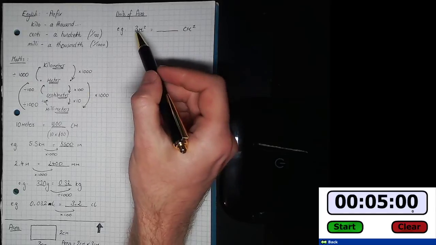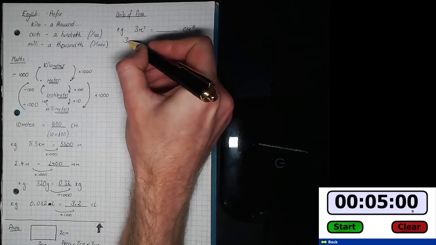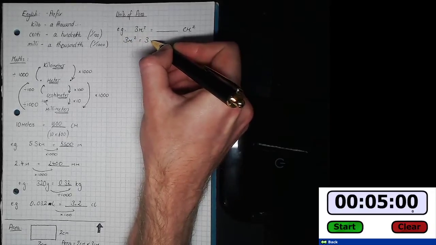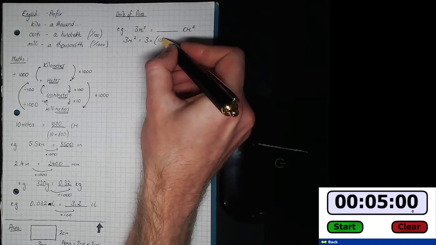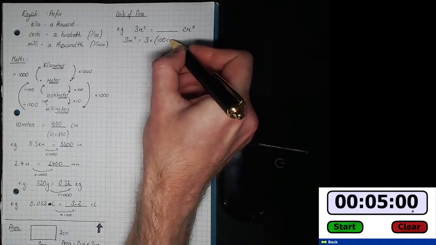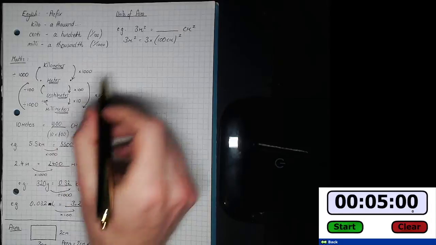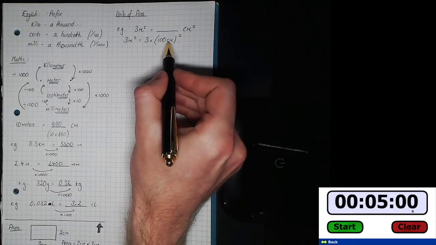So 3 meters squared would be the same as 3 times 100 centimeters squared. Where there was a meter, I've just replaced it with 100 centimeters.